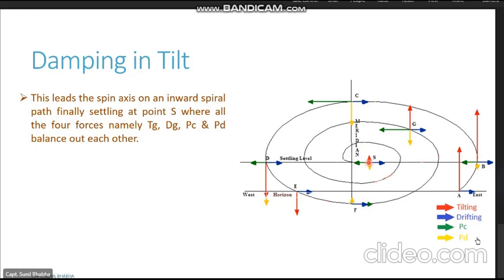Now the point where it settles has to be the point where all these four forces cancel out each other. Because if any of the force is not cancelling or not balanced, then there will be some resultant force acting on the spin axis and it will not settle there, it will move to a new location. So it has to settle at a point where all these four forces balance out or cancel each other.